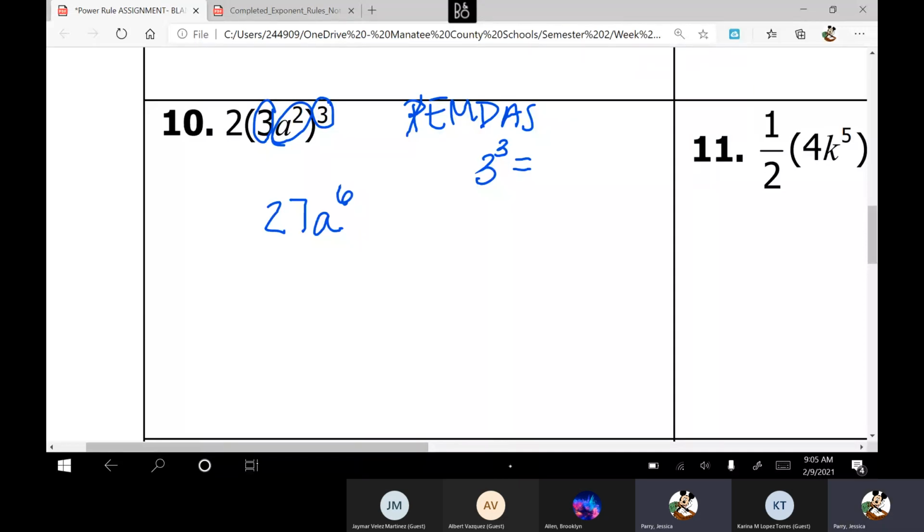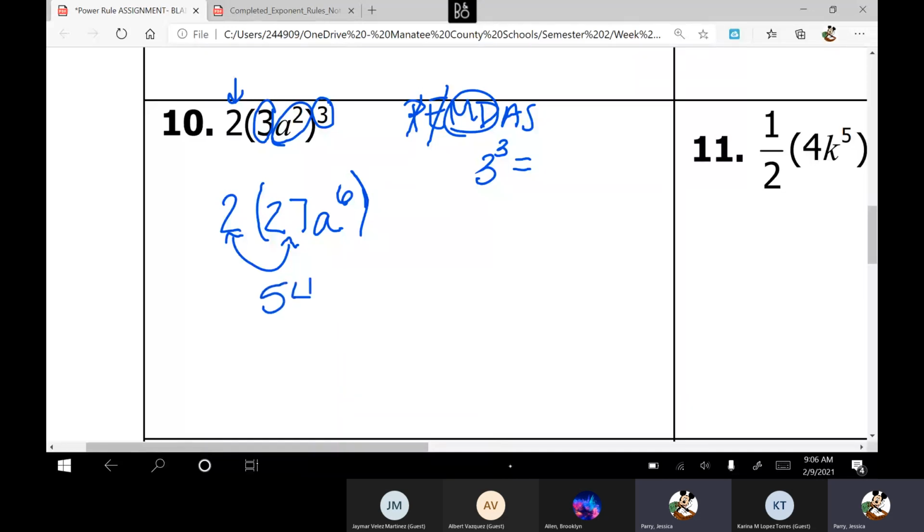Okay, so we still haven't touched this 2 right here. I'm going to put parentheses around this entire thing and then bring down the 2. From there, we just need to do one last thing since we did the E. Now we're going to do our multiplication and division. We're going to multiply 2 times 27. And like I said, you can use a calculator. 2 times 27, yeah, perfect.